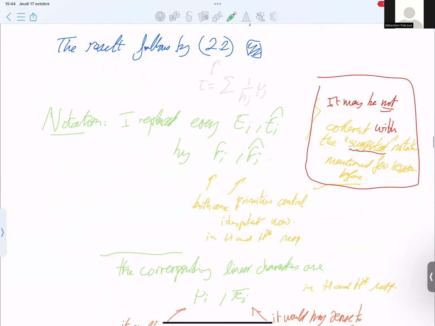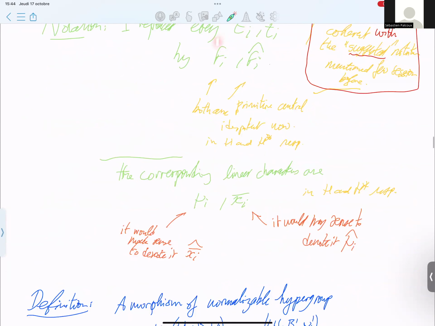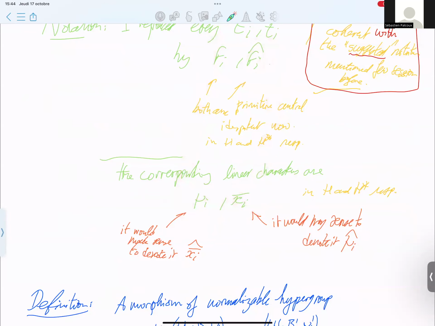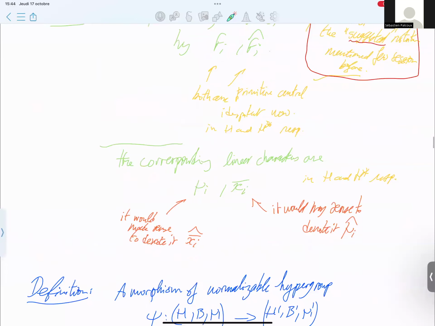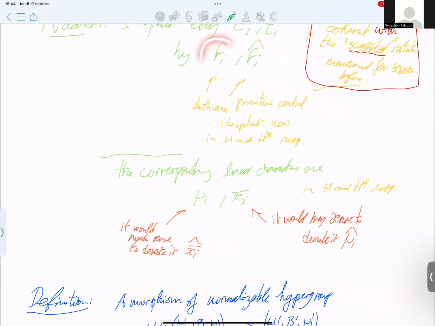Okay, primitive central idempotent. So this corresponds to this linear character. This corresponds to this linear character. So for a linear character, there is a corresponding primitive central idempotent. So fix this notation. This corresponds to this. This corresponds to this.